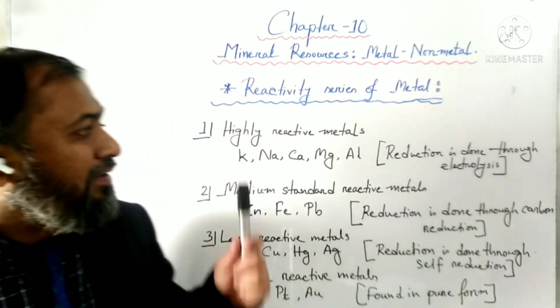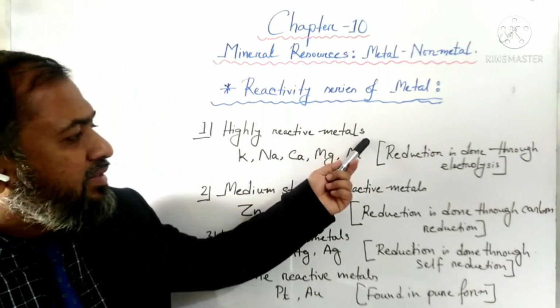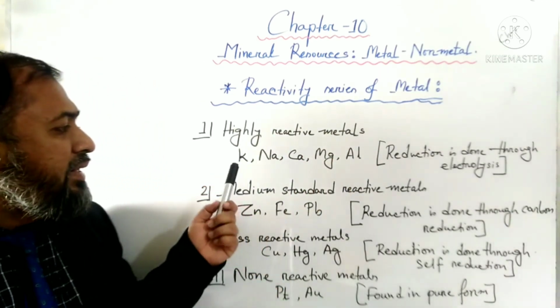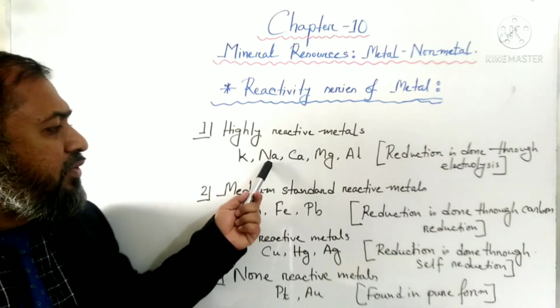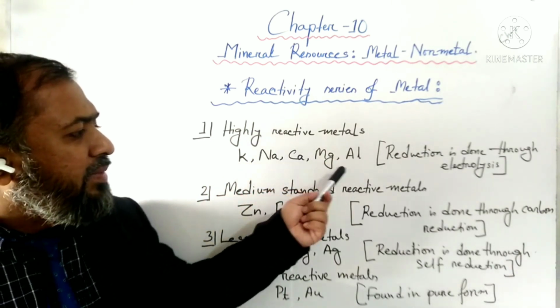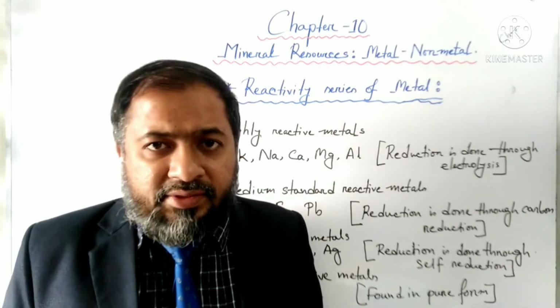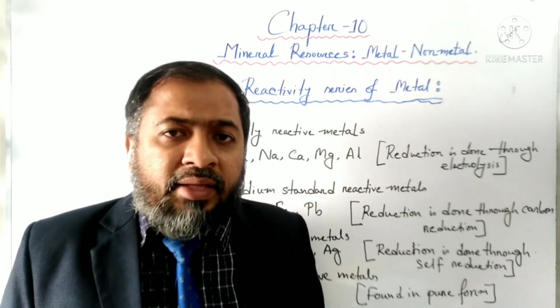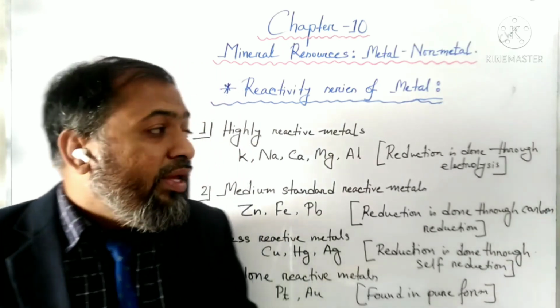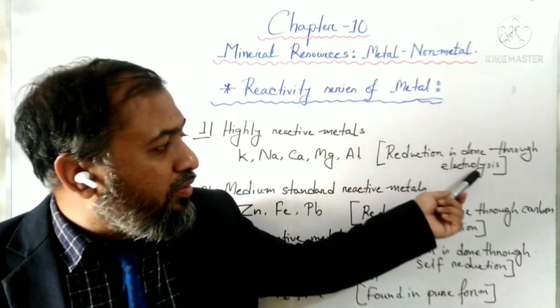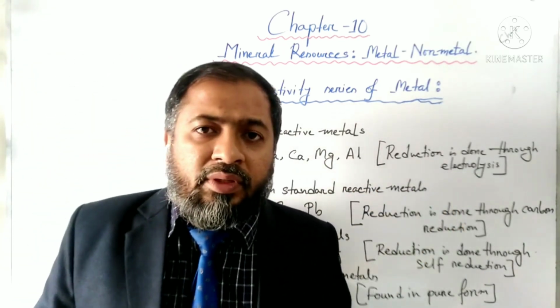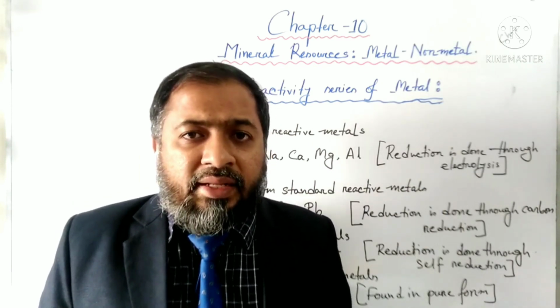The first is highly reactive metals. In this group, the metals are potassium, sodium, calcium, magnesium and aluminum. These highly reactive metals cannot be extracted by any chemical method, so we use the electrolysis method to reduce them from the metal ore.